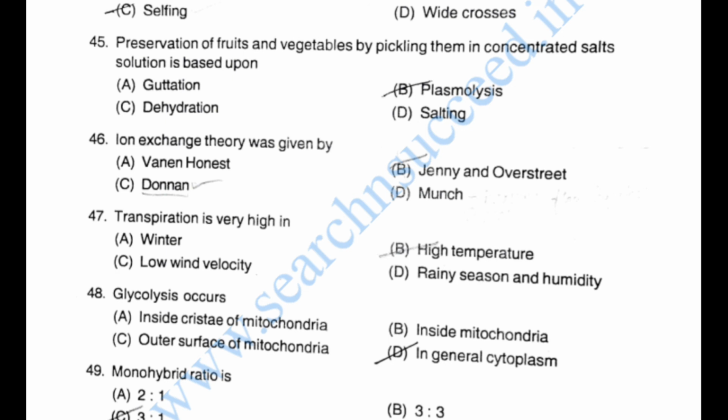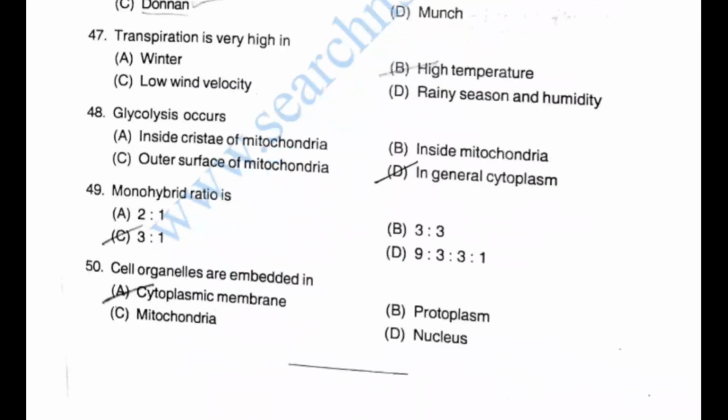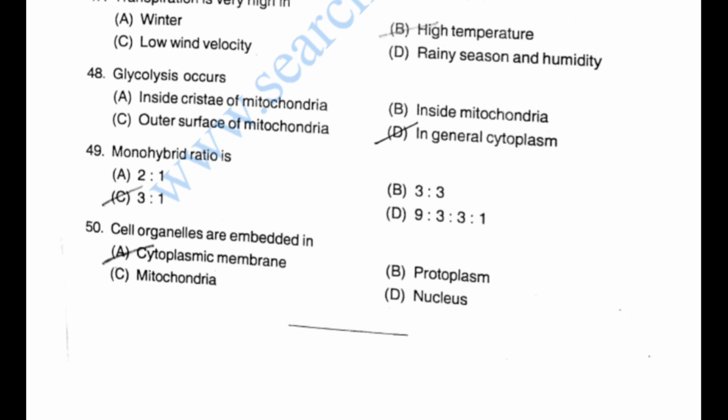Transpiration is very high in what cases? Very simple, high temperature. In high temperature cases, that is very high. 48, glycolysis occurs. What is the place where glycolysis occurs? Glycolysis is in the cytoplasm. Answer is cytoplasm. Monohybrid cross.